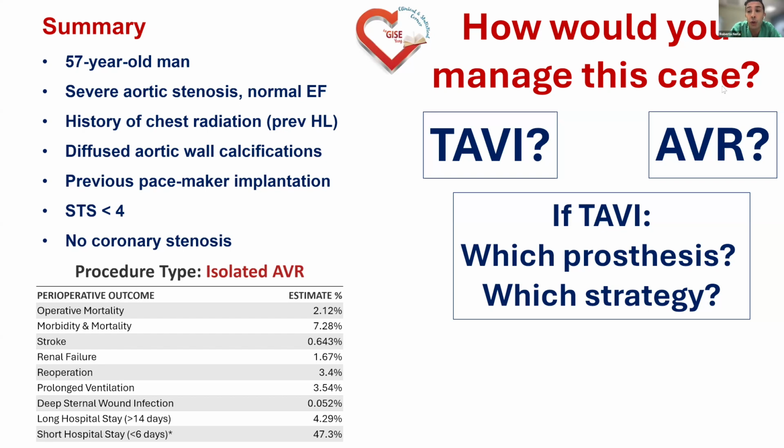and we have to be sure to use a prosthesis able to let us get access again into coronary arteries, because we know that a 57-year-old man could develop during his life coronary artery disease. And then we have to consider future interventions on his valve. So we have to take into account all these things.